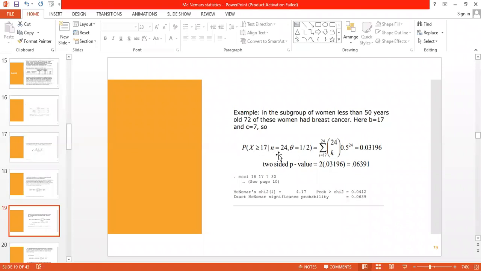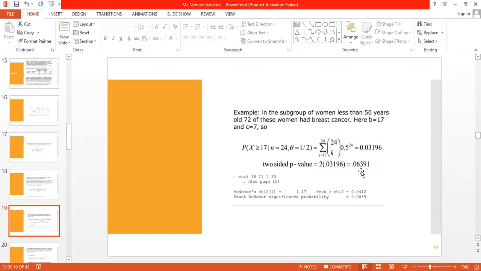In the formula, our total number is 24, because 17 plus 7 gives a sample size of 24. Theta is one half. We put all these values in the formula and our answer is 0.03. For the two-sided p-value, we multiply this 0.03 by 2 and the answer is 0.06.